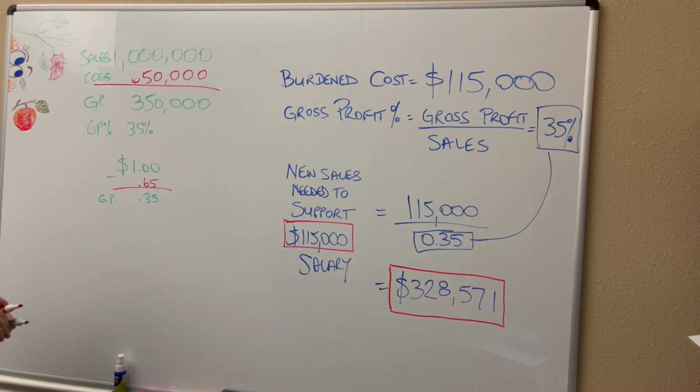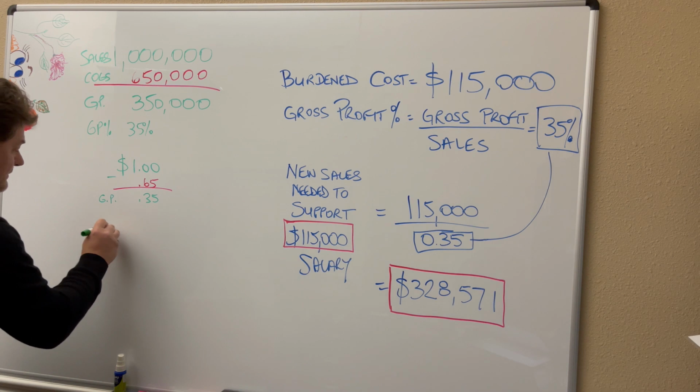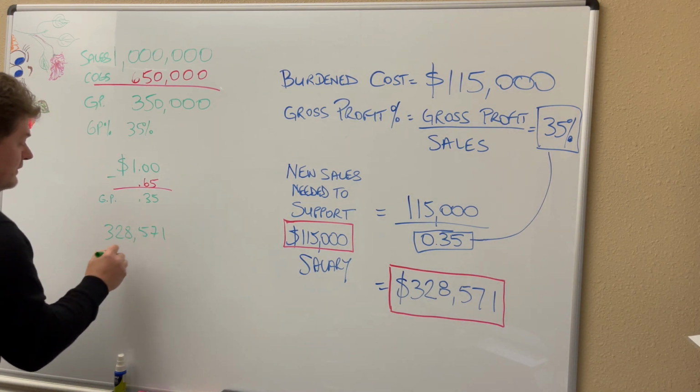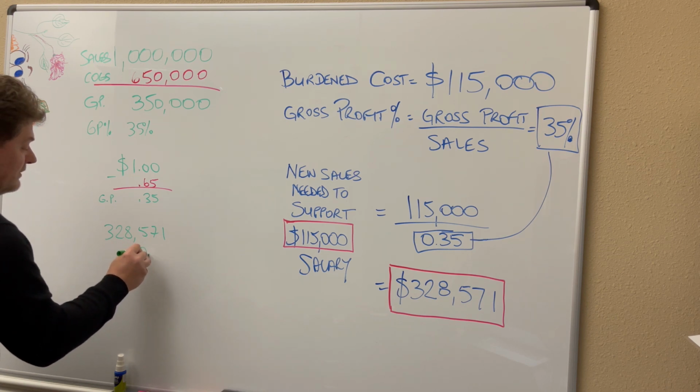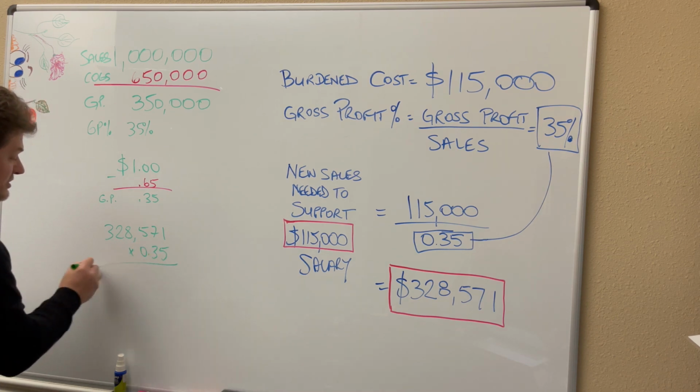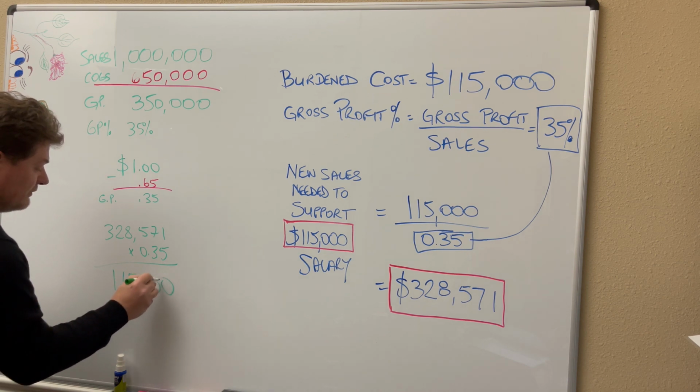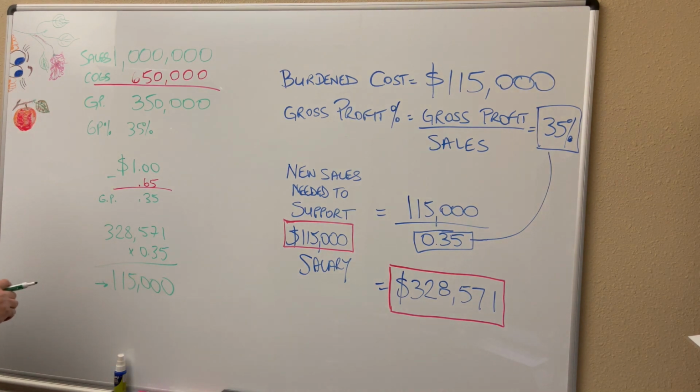Okay. That means for this additional sales of $328,571, if we multiply that by 0.35, which is our gross profit percentage, we're going to get our 115,000 rounded off. Okay?